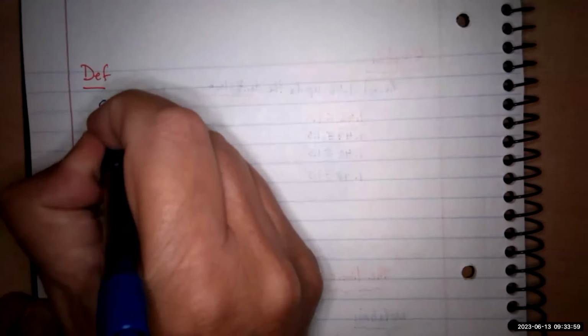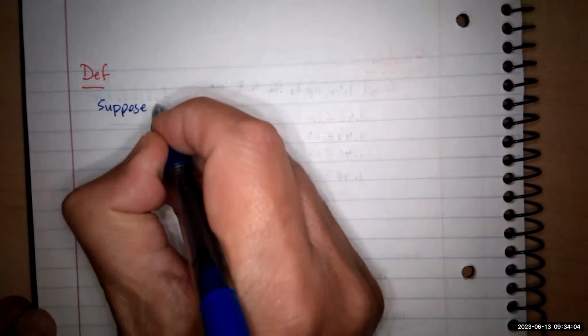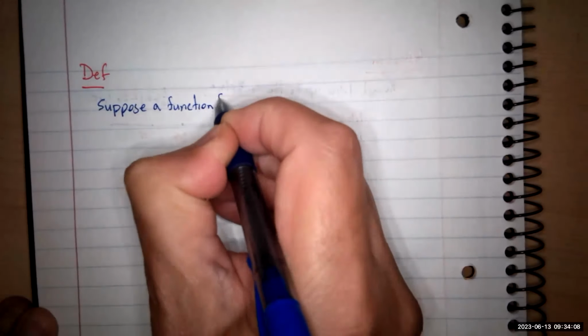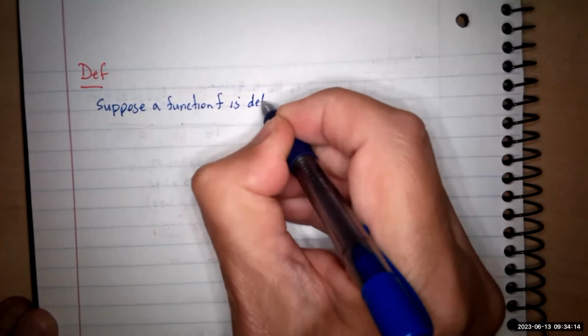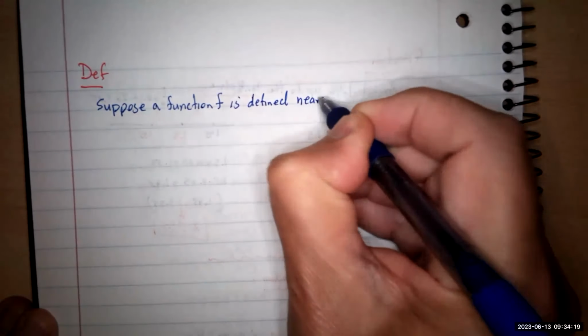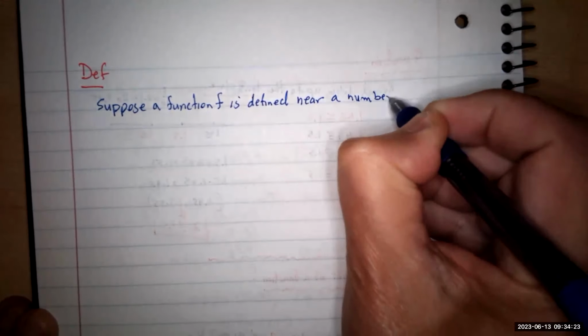Okay, so let's start with the function. Suppose you have a function f that is defined near a number a.